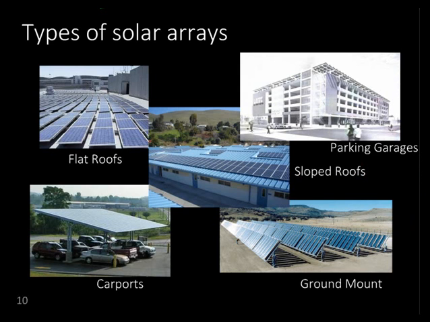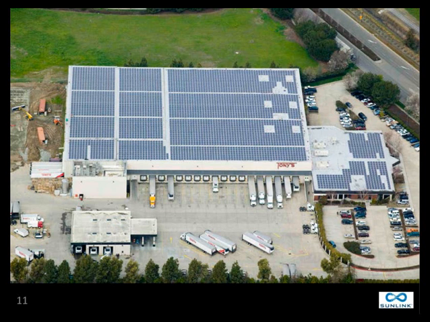So flat roof commercial systems, sloped roof flush mount systems, other solar carports and structures on top of parking garages, ground mount systems. There are a number of things that are called solar arrays, and the point of showing these slides is just to say that we are talking about one particular type today, and one of the challenges in developing guidelines for design is to define the scope of what you're addressing.